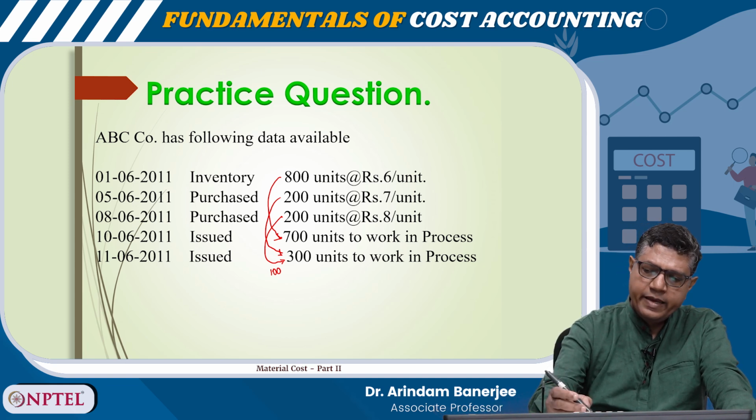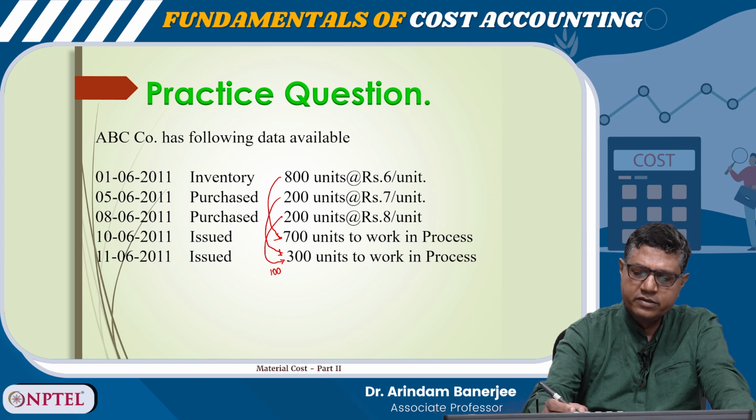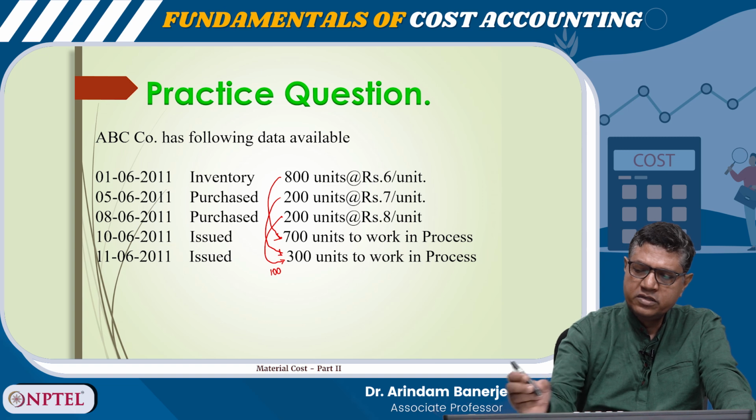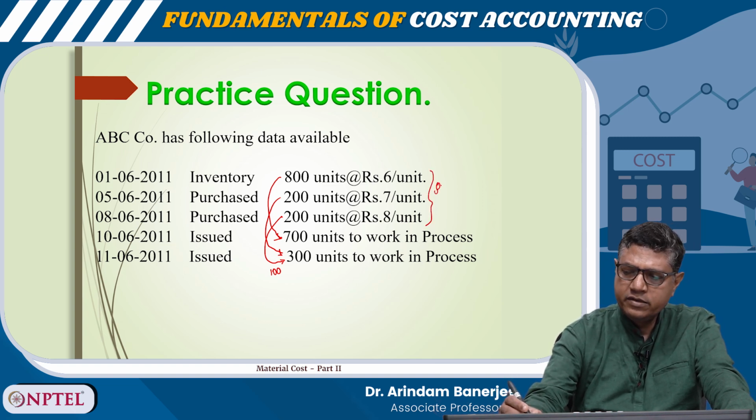So, how much will remain in inventory? You see, 800 was already there. So, 800 plus 200 plus 200, it is 1200, right?